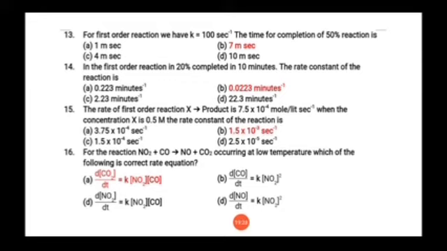So your correct option is option number A, because CO2 is a product, that's why there is no negative sign. The correct option is dCO2 by dt is equal to K into concentration of NO2 and concentration of CO. In a differential rate law, reactants are written on the right side.